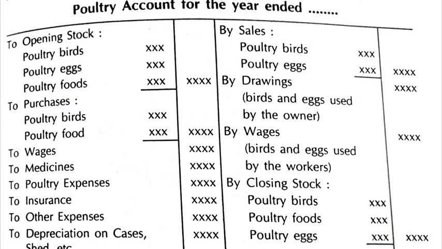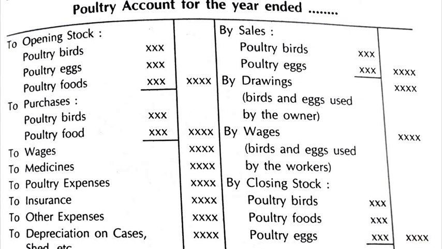So how do you prepare a poultry account? This is the format. First, you record the opening stock. So, to opening stock: poultry birds, poultry eggs and poultry food. Next is to purchases.